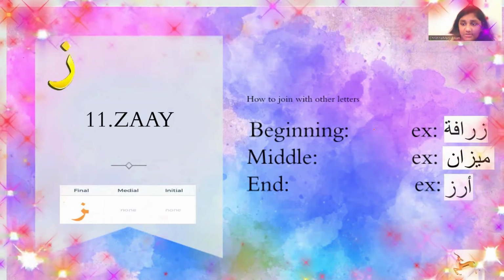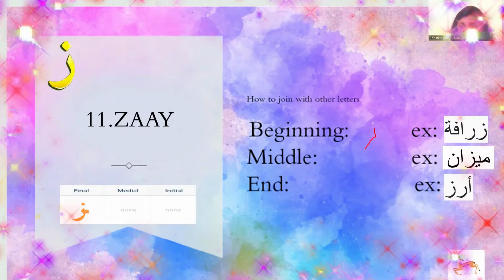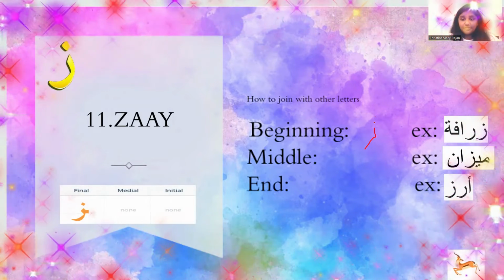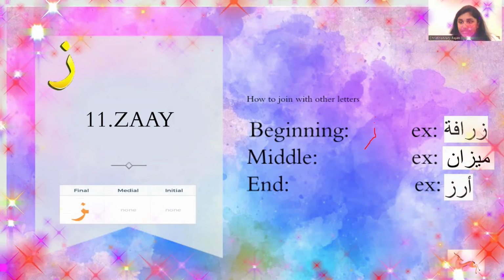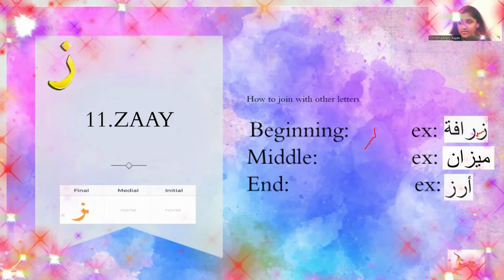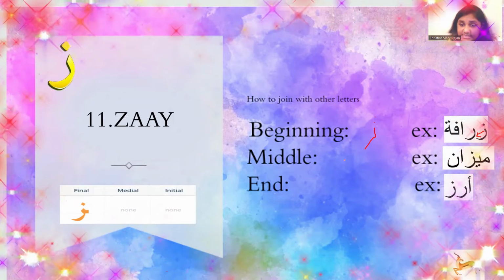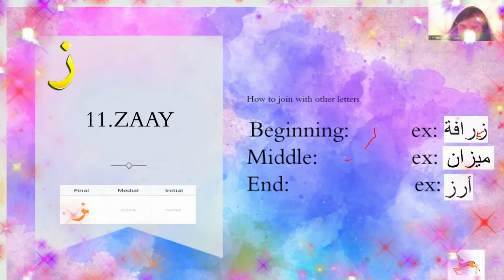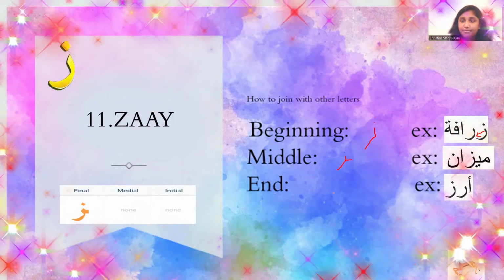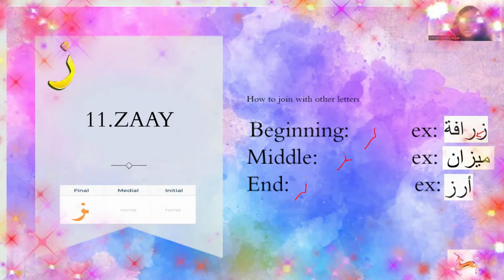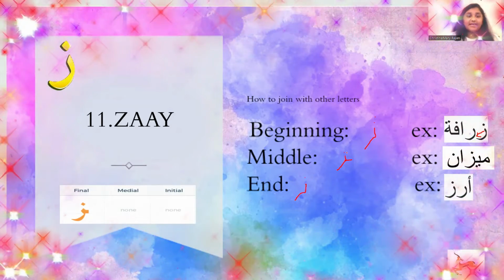In the beginning, you just give it, see? It's the same thing that you did for Ra. It does not join with the letter here. Next, in the middle, it has a small dash and the Zay letter itself. At the end, it's the same as the beginning and middle, a dot, except no dashes.